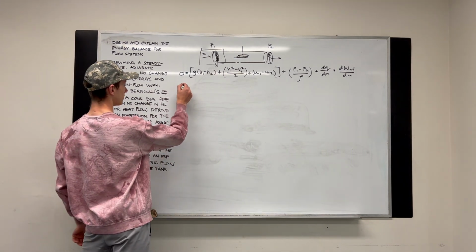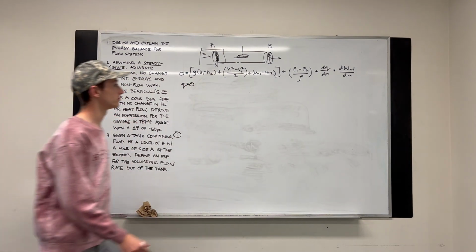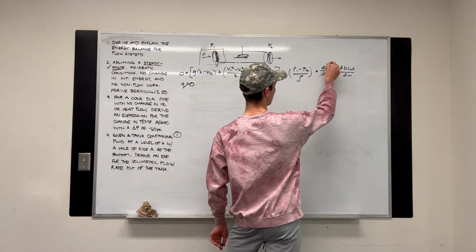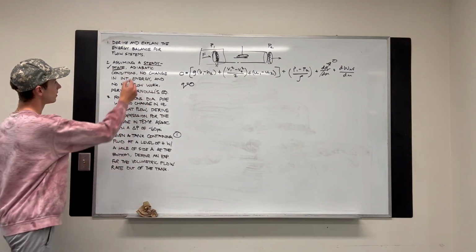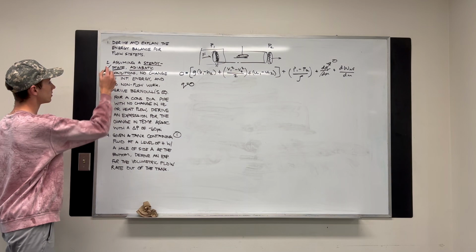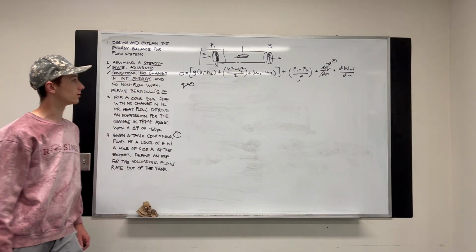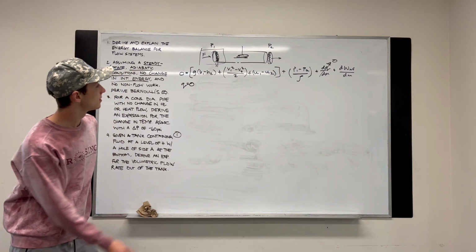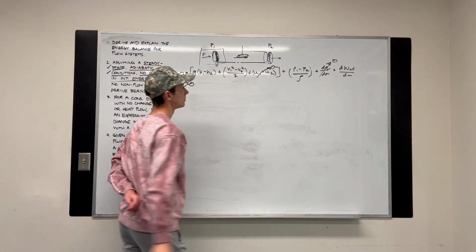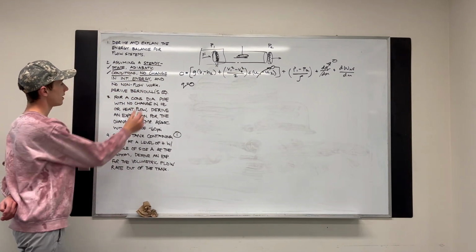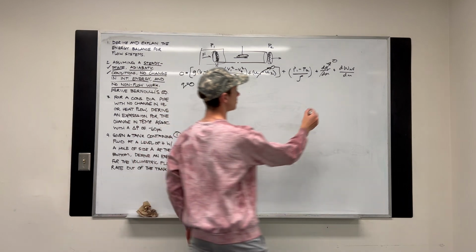Adiabatic means Q equals 0, so they're saying we're not adding any heat there. Adiabatic conditions, check. No change in internal energy of the fluid. That is U1 minus U2. And no non-flow work. This guy right here.